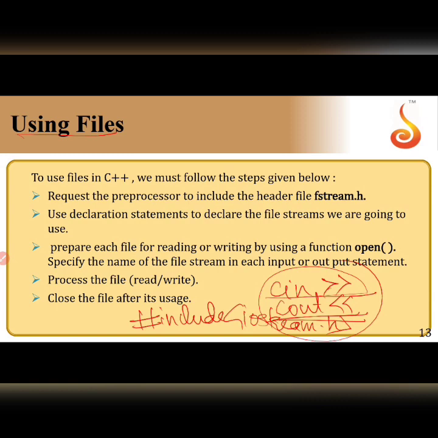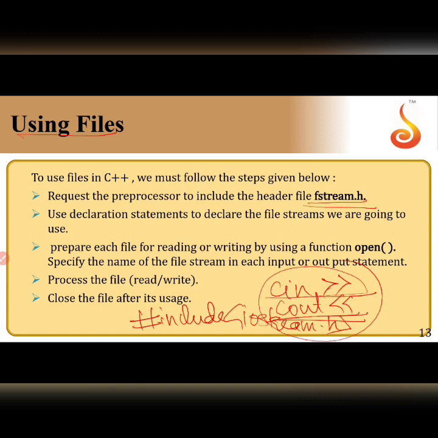To use files in C++, we need to follow these steps. Whether I am reading or writing, I need to use these steps, which are common whether I am using files for taking in the input or writing the output. First, request the preprocessor to include the header file fstream.h.